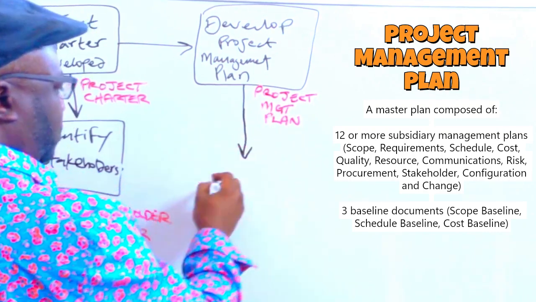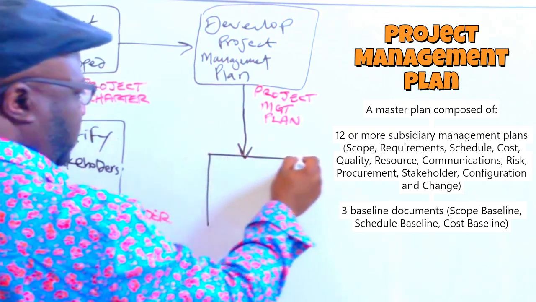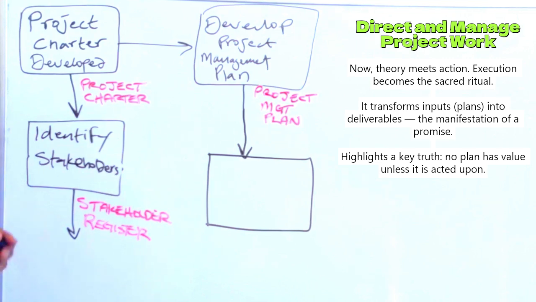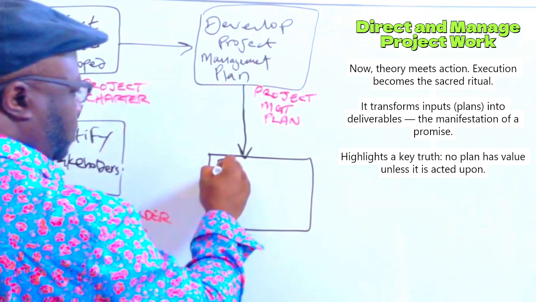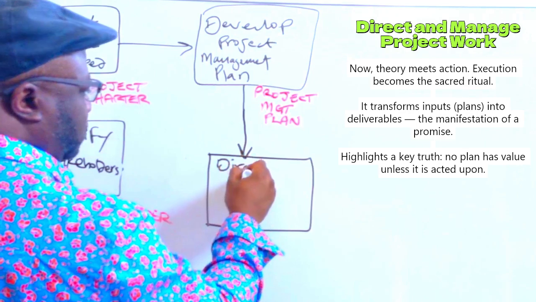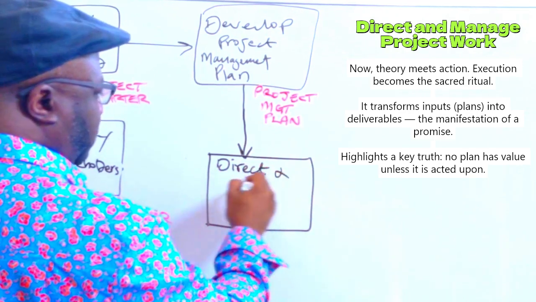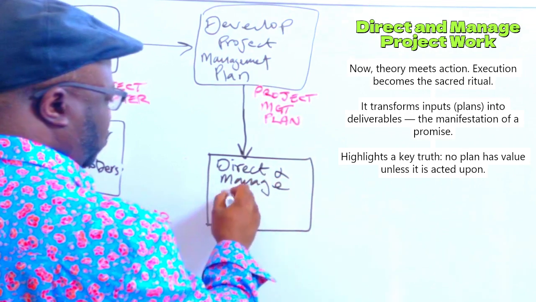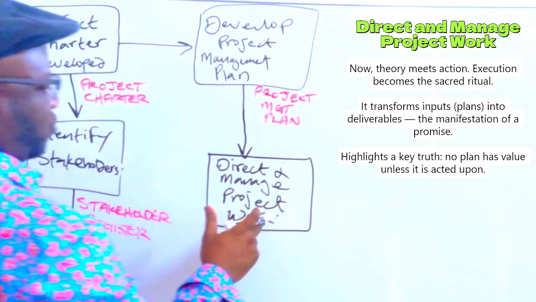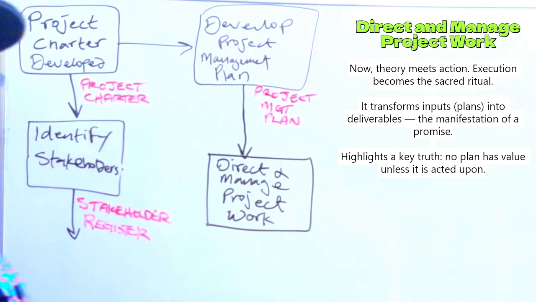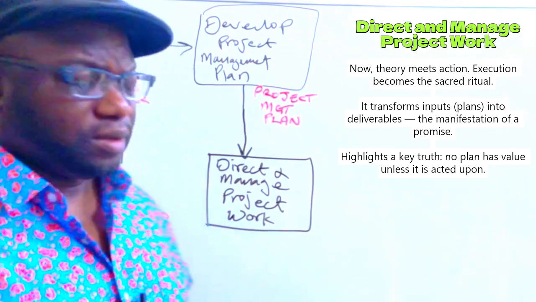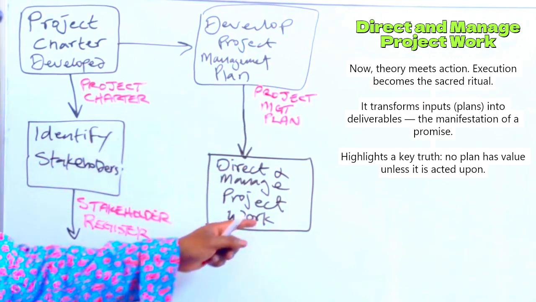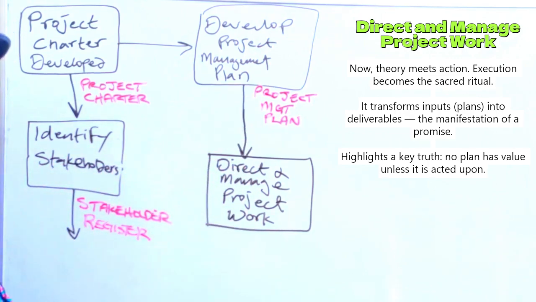So we're going into another process here, and this process is called direct and manage project work. And this is where, theoretically speaking, the work is being done, right? We have our project management plan guiding us on how to carry out the work.